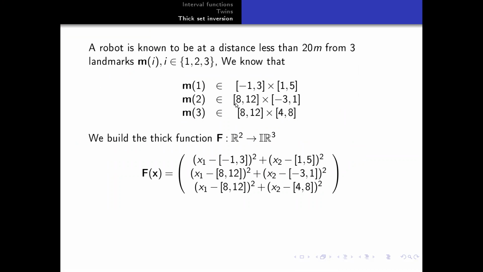So I will compute the square distance like this. x1, x2 is the position of my robot, and this interval corresponds to the position of my landmarks. They are uncertain. So I have my thick function, which represents the function corresponding to the model, but which is uncertain because the position of my landmark is uncertain.